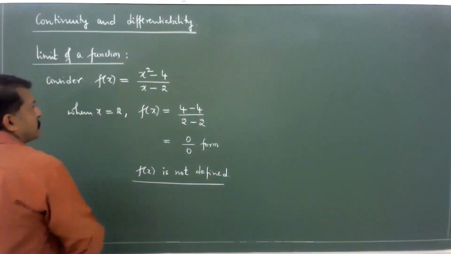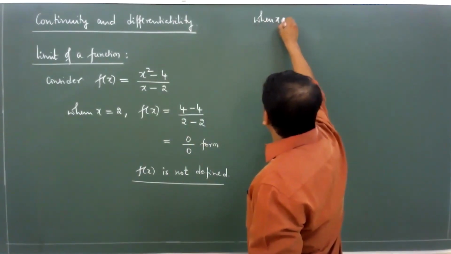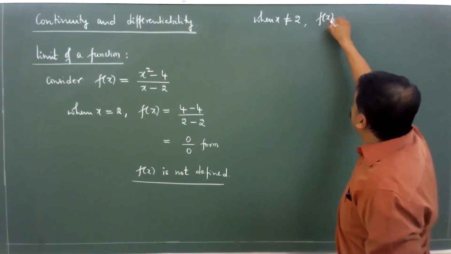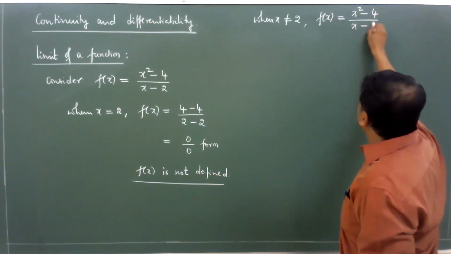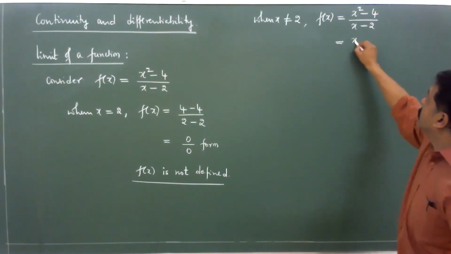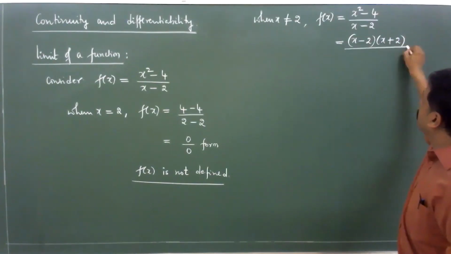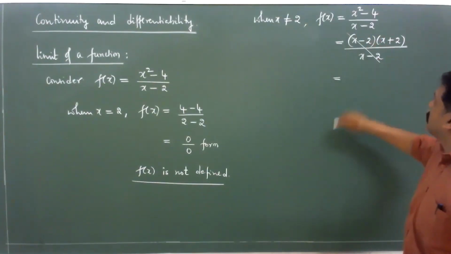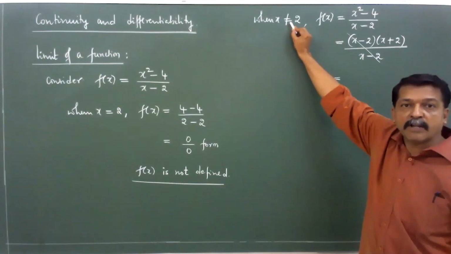Let us take when x is not equal to 2, what happens? f of x, which is x squared minus 4 divided by x minus 2, I can simplify as x minus 2 into x plus 2 divided by x minus 2. So x minus 2 cancels because we have assumed that x is not equal to 2.